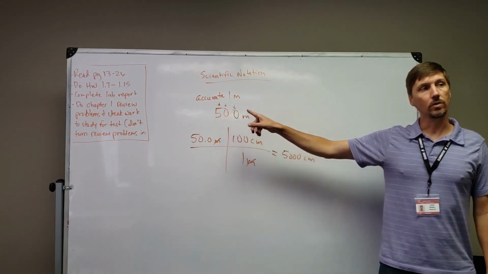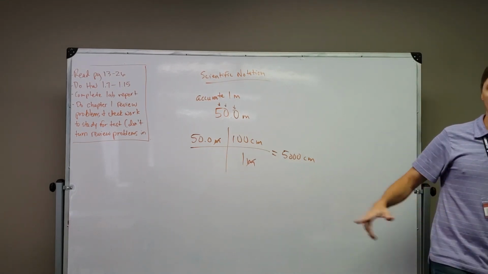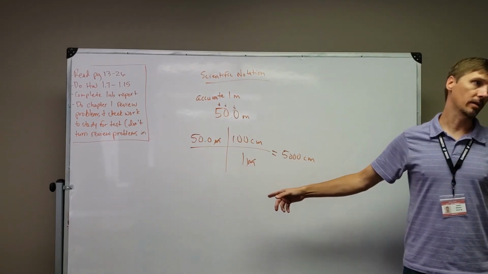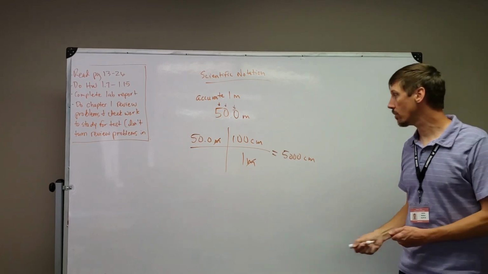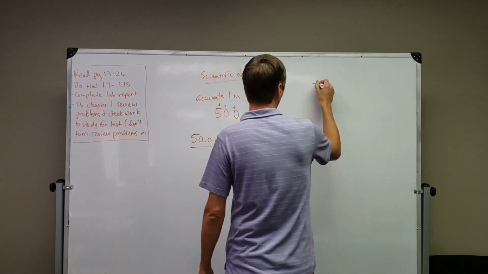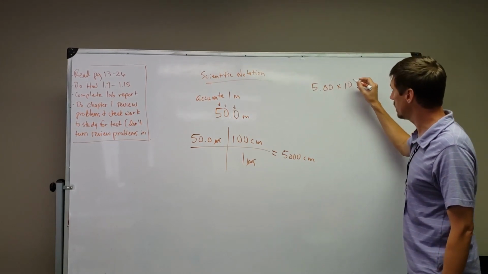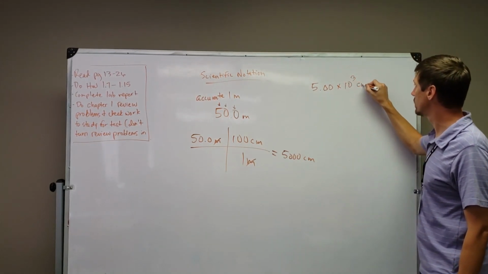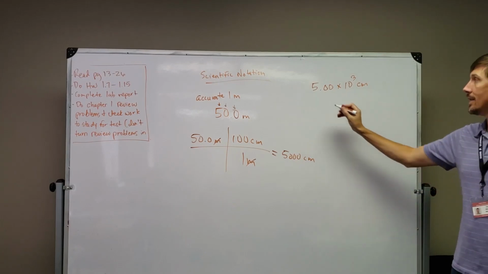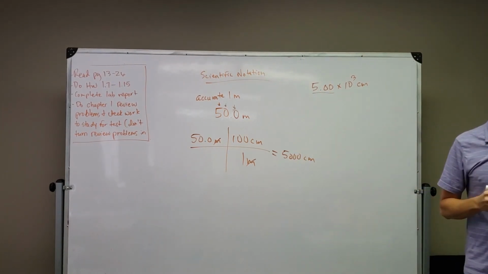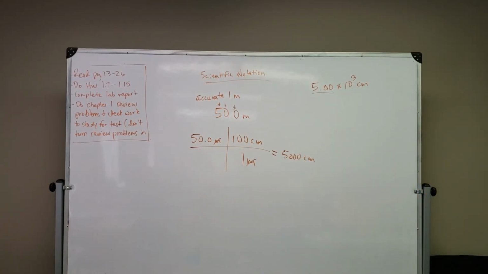And so we use scientific notation to represent this in a way that has the correct number of significant figures, all right? So I could rewrite this 5,000 as 5.00 times 10 to the 3rd power centimeters, okay? And now my number in the front here has 3 significant figures in it.